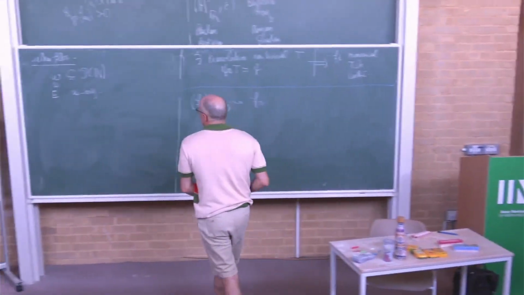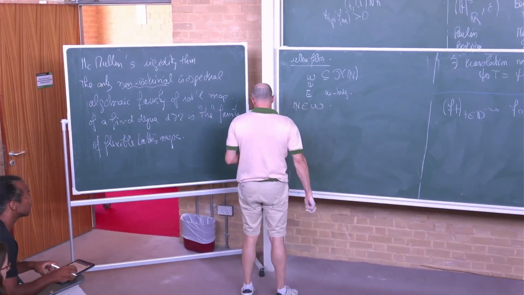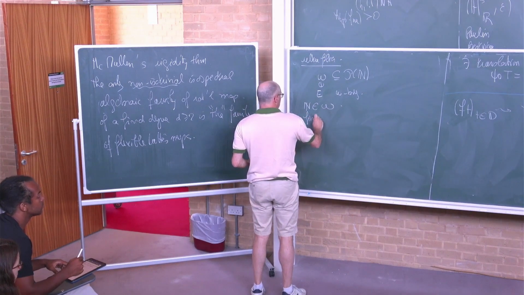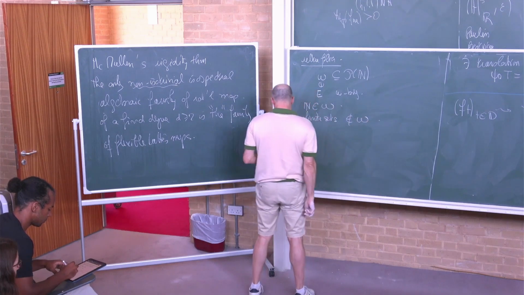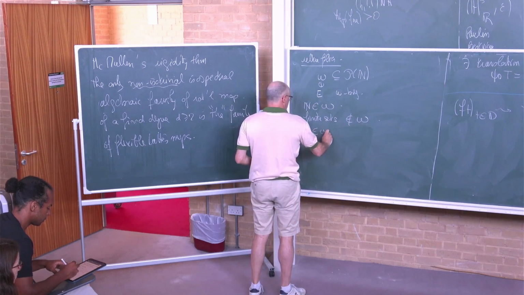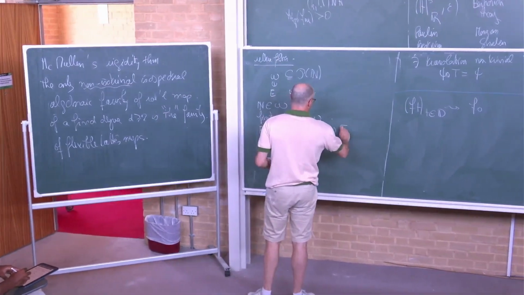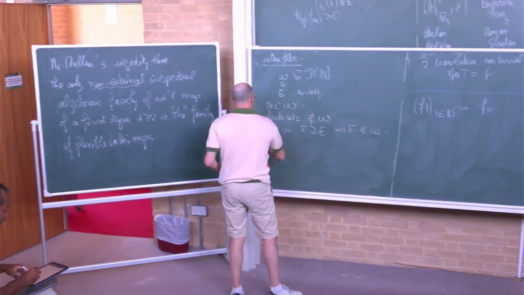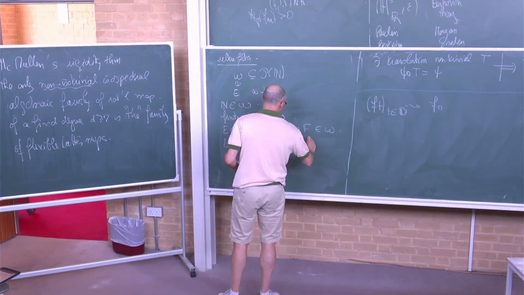So you have a list of axioms. For instance, you want N to be big. You want finite sets to be small. You want that if you're big and then you take something bigger, then it is again big. If you have E and F that are both big, their intersection is big.